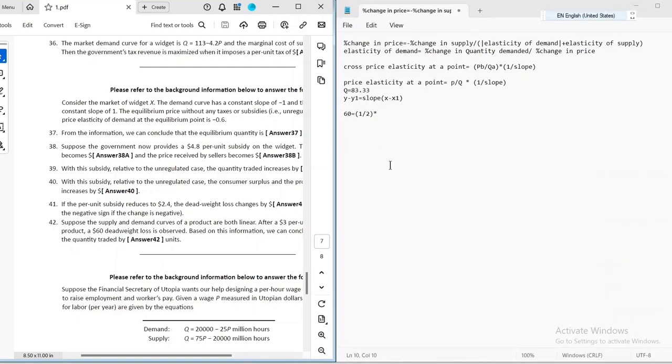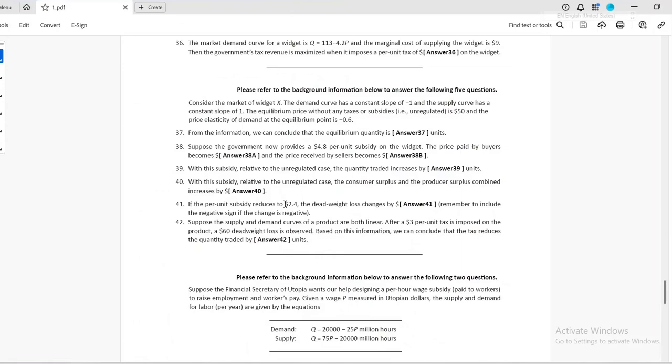And in the question it is given as $3, so this is 3 times the change in quantity. So you can solve this and find out the change in quantity. This will come out to be 40 units.